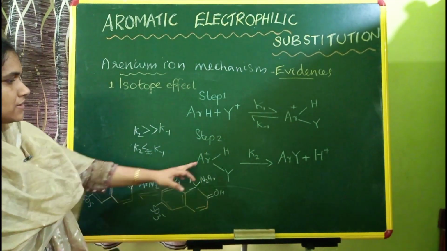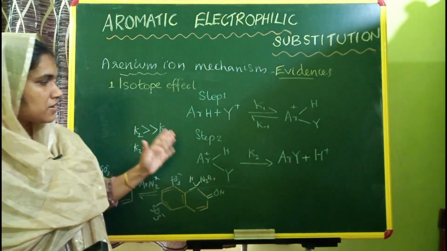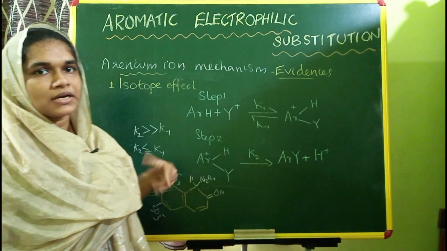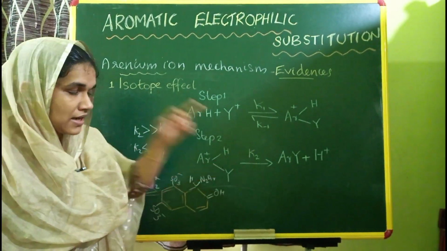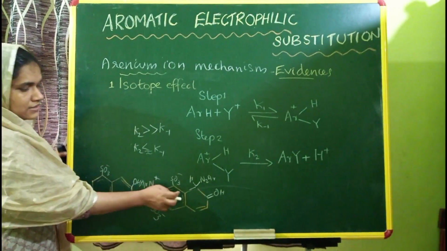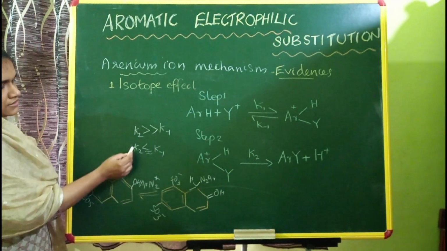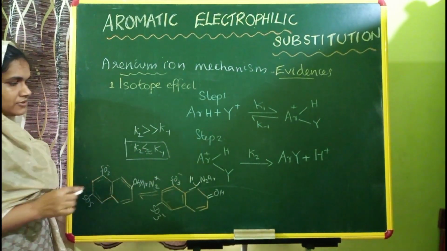In such a reaction, this second step also has a significant effect on the rate of reaction. That is, k2 also becomes significant, and in this case k2 is less than k inverse.